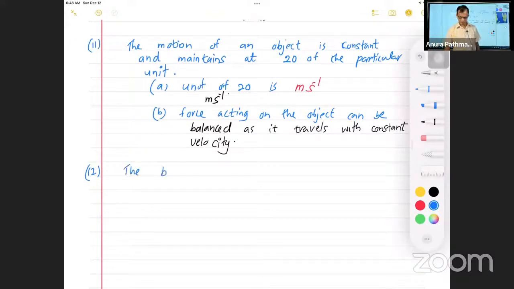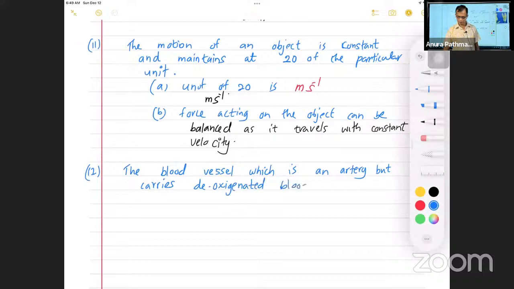Question 12. The blood vessel which is an artery but carries deoxygenated blood.